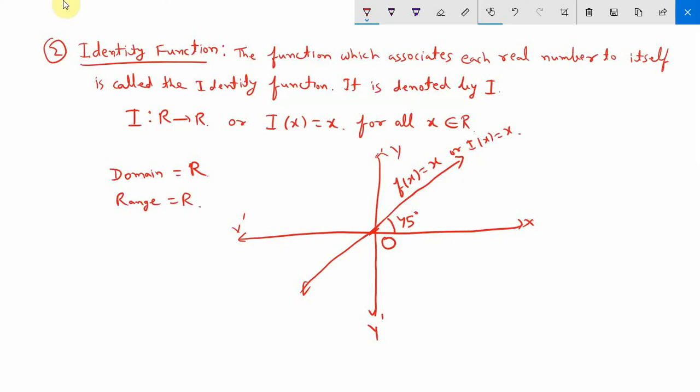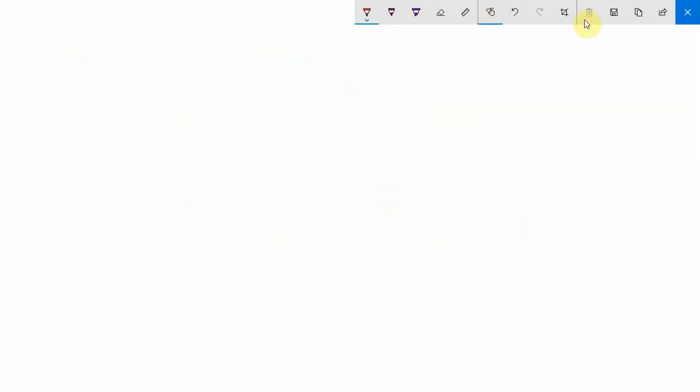Okay, friends. So next function we will discuss is modulus function. Let me print this. Now the third function is modulus function. So what is a modulus function?